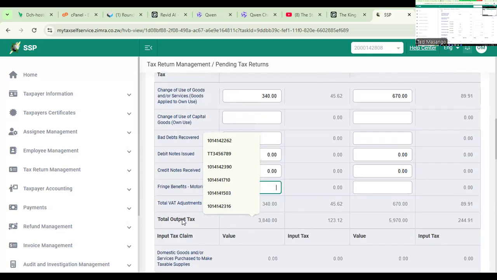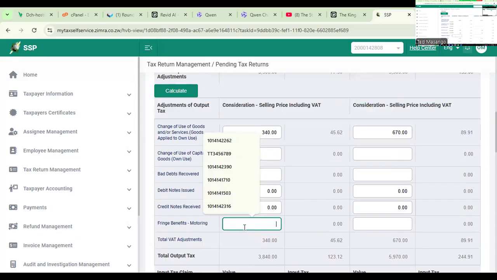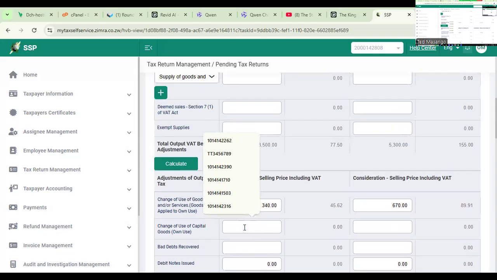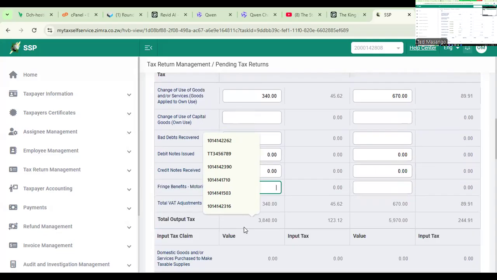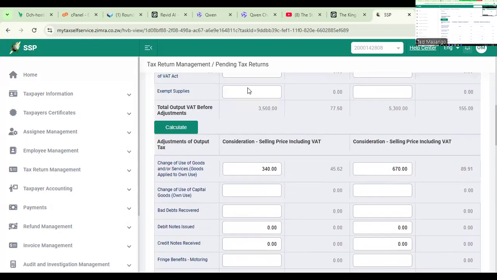So once you do that, basically these areas I was looking at are meant to adjust your output VAT.